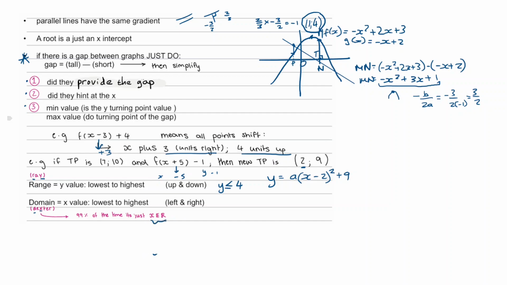So if you're stuck in an exam, just domain is pretty much always x ∈ ℝ. What is it for this one? No surprise, it's x ∈ ℝ, which just means an element of the real numbers, which in English just means everywhere. Why is that? Because the x values don't stop at the x intercepts, they go on forever, so they're just going everywhere.